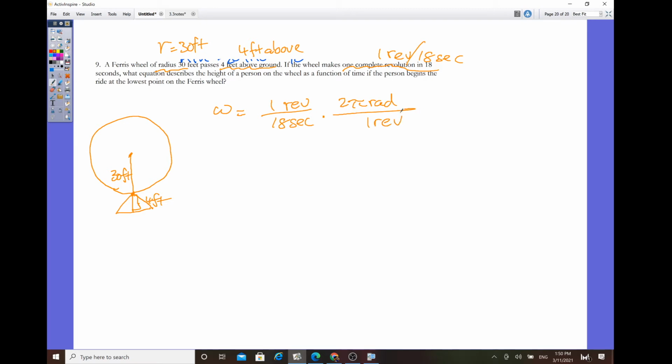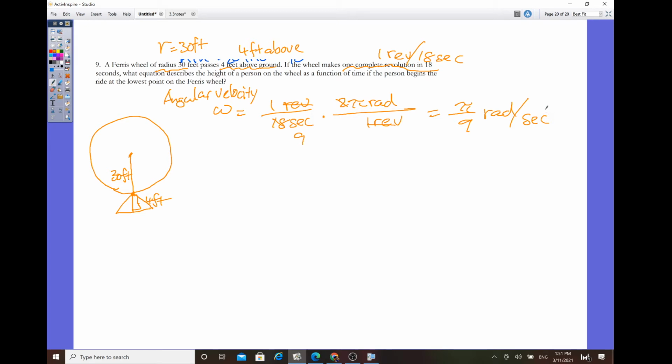So let's find omega, or W, the angular velocity. This one is 2 pi over 18. Cross cancel out the 2, 18 reduced down to 9. So this is basically just pi over 9 radians per second.